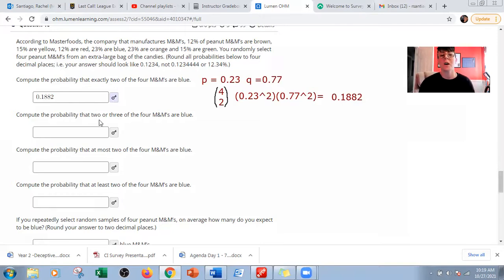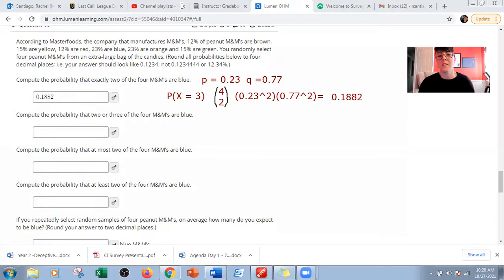Okay, so talk me through this next one, Surajini. It says compute the probability that 2 or 3 of the 4 M&Ms are blue. What might you do in this case? I don't know. I'm going blank here. Okay, what I am going to do though is I'm going to write this, because I think you may find this helpful.